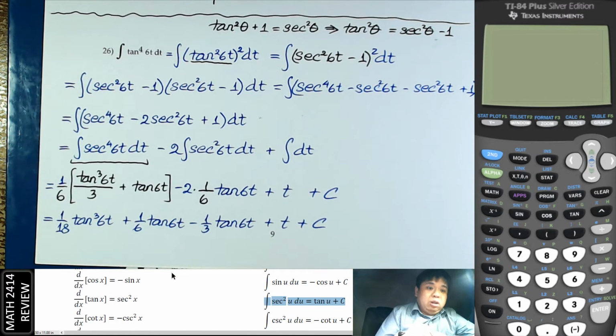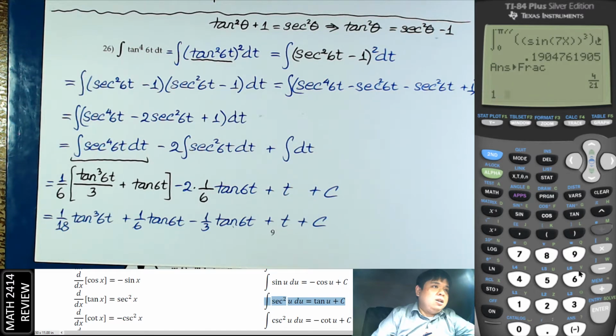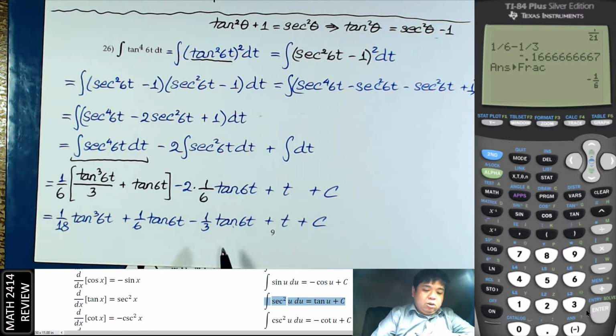And then finally we just combine like terms. 1/6 minus 1/3 is negative 1/6. So the whole thing together is negative 1/6 t, but wait, that will be good enough.